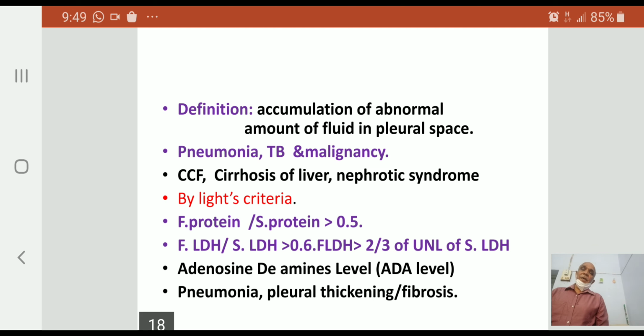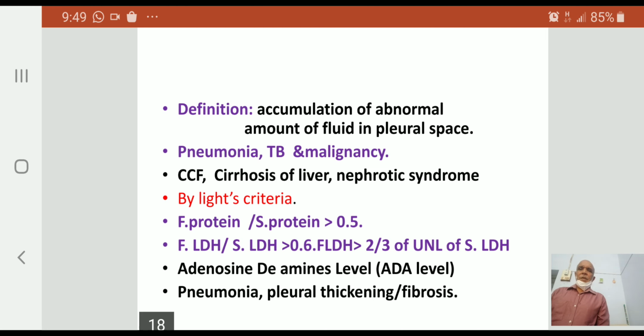ADA level may also be increased in pneumonia leading to empyema, malignancy, and rheumatoid or connective tissue disorder effusions, but in these conditions ADA is not too much increased, between 35 and 45.